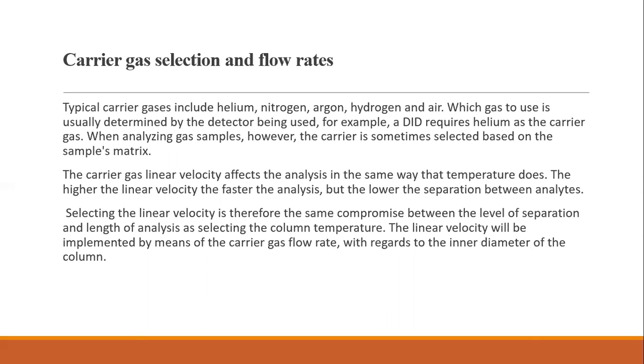Selecting the linear velocity is, therefore, the same compromise between the level of separation and length of analysis as selecting the column temperature. The linear velocity will be implemented by means of the carrier gas flow rate with regard to the inner diameter of the column.